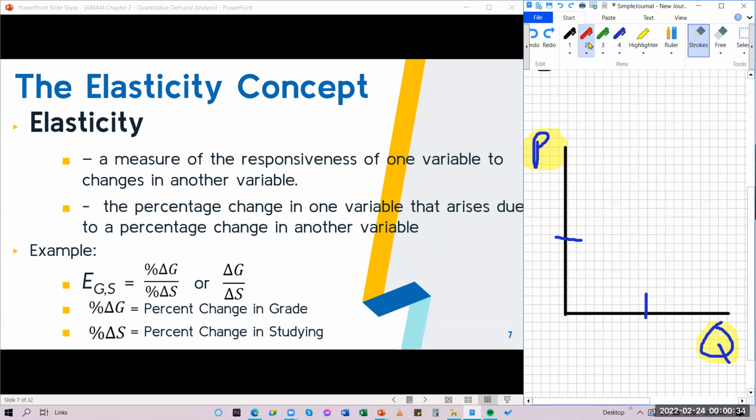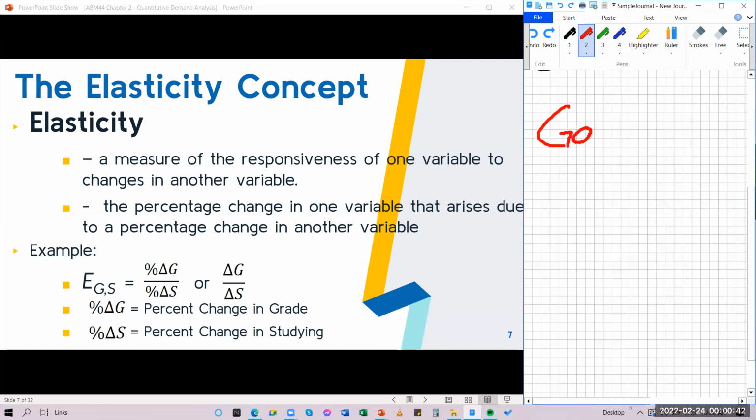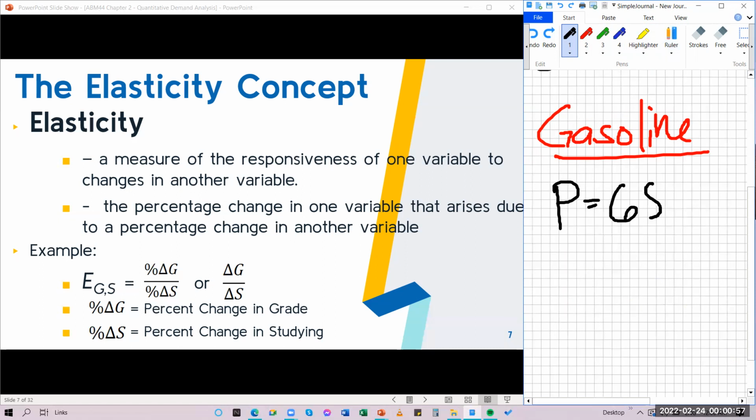So we'll have an example. I'll just erase this one. I think you notice the price of gasoline. So our product is gasoline. For gasoline, let's assume the price for now is 68 pesos.